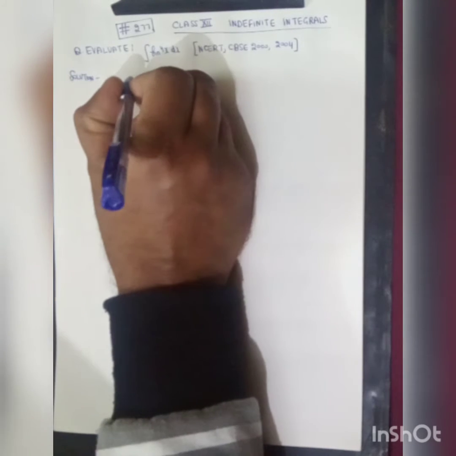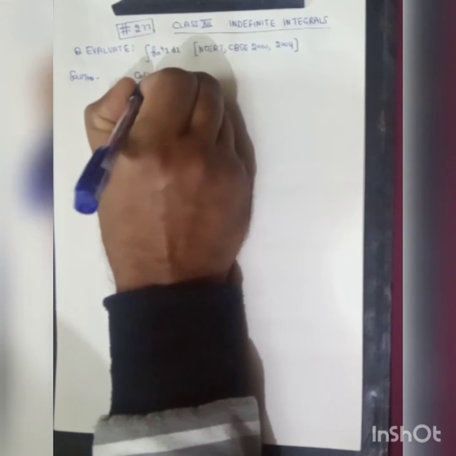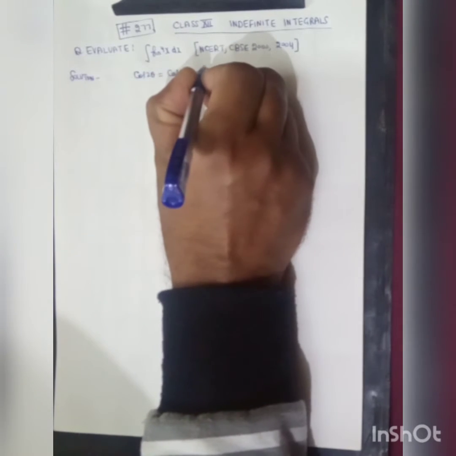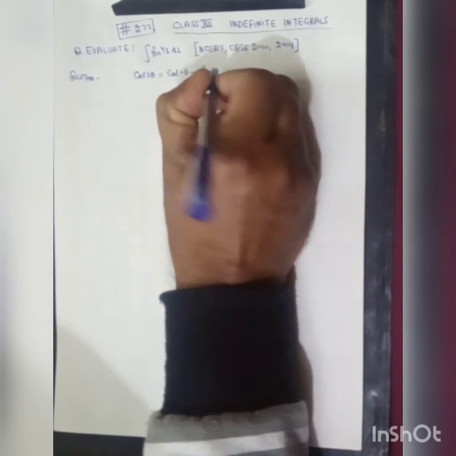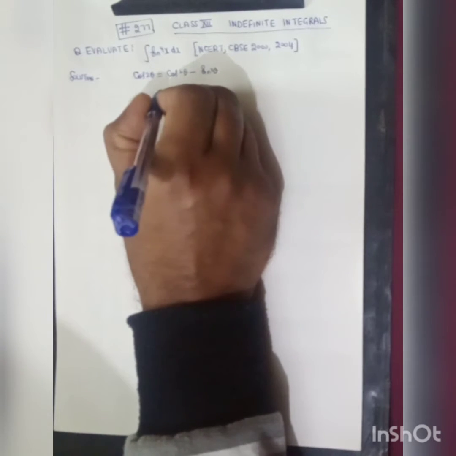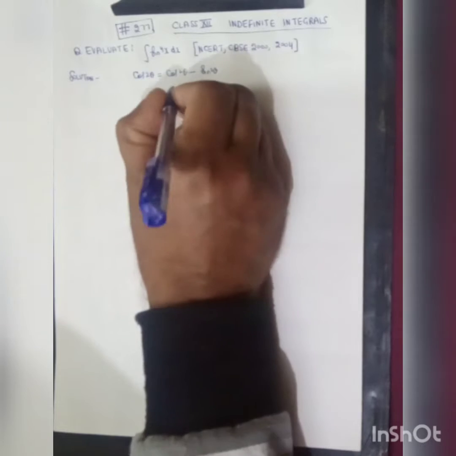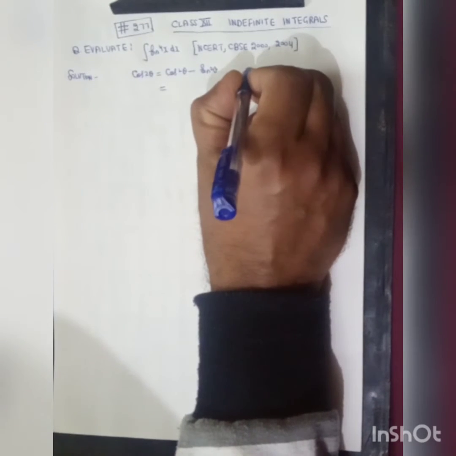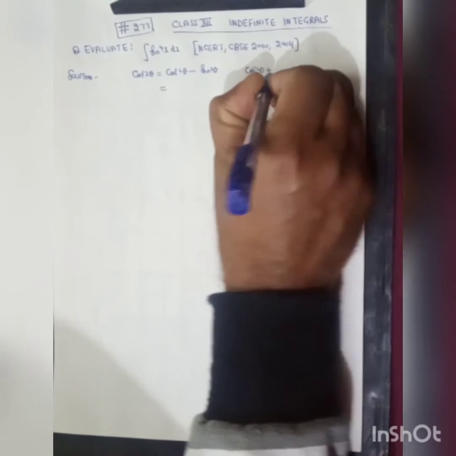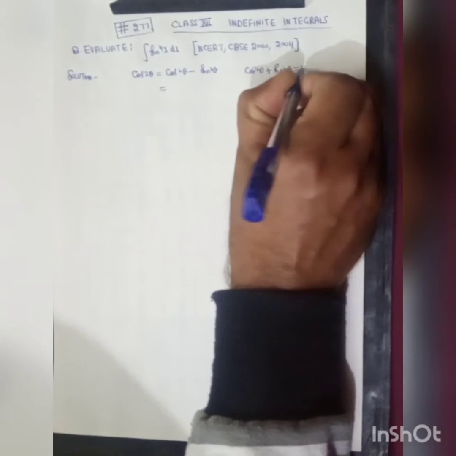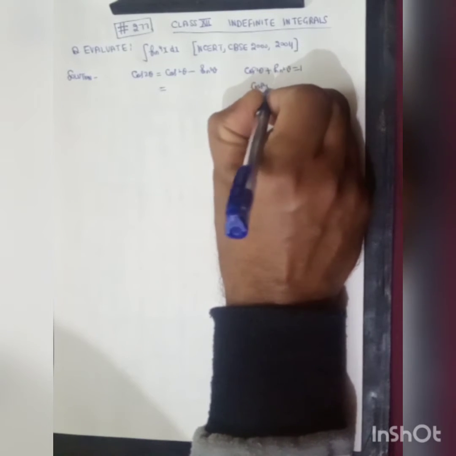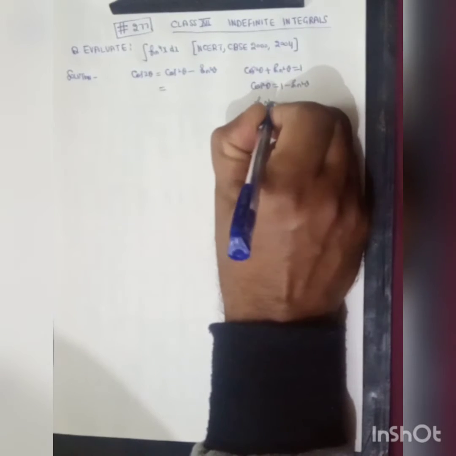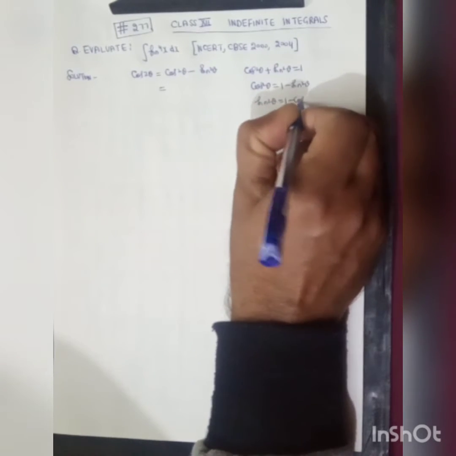Now we know that cos 2θ is equal to cos²θ minus sin²θ, and it is also equal to, on putting the value of cos²θ, since cos²θ plus sin²θ is equal to 1, so cos²θ is equal to 1 minus sin²θ, and sin²θ is equal to 1 minus cos²θ.